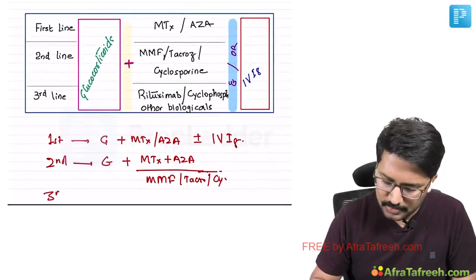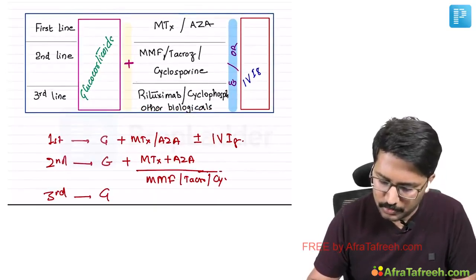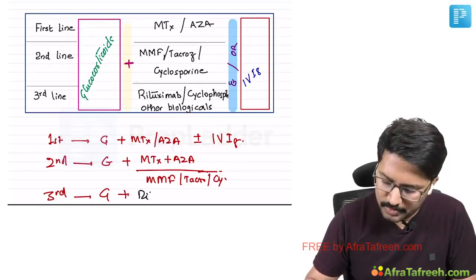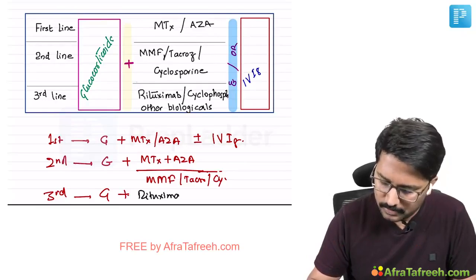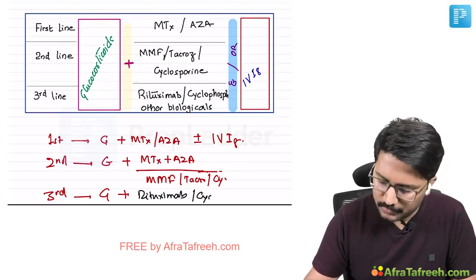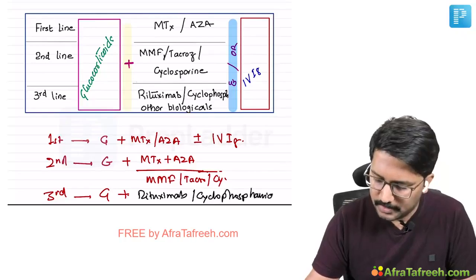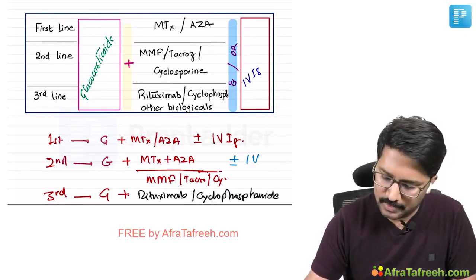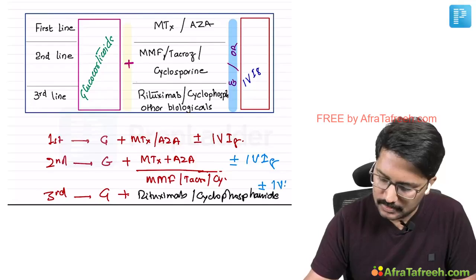Now when we talk about third line agents, again you are continuing glucocorticoids plus, as a third line agent, you might consider using rituximab, or you might consider using cyclophosphamide. Okay, IVIG remains an add-on option, plus or minus IVIG in all these cases.